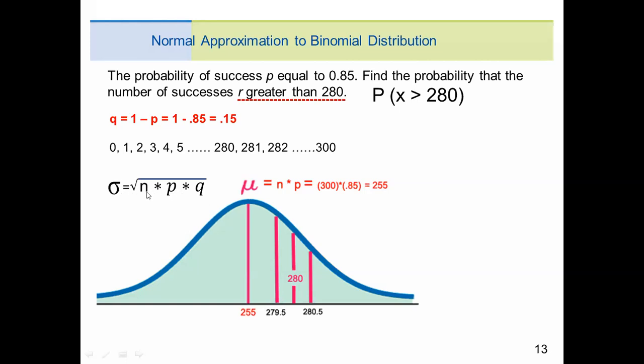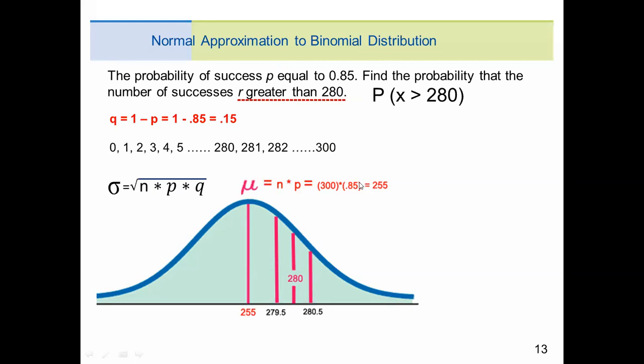And this is the way we're going to enter into the calculator to find the standard deviation. It's the square root of n, which in this case, n is 300. He didn't tell me here, but, oh, here it is right here. There's 300. N is 300, P is equal to 0.85, and then Q would be equal to 0.15.